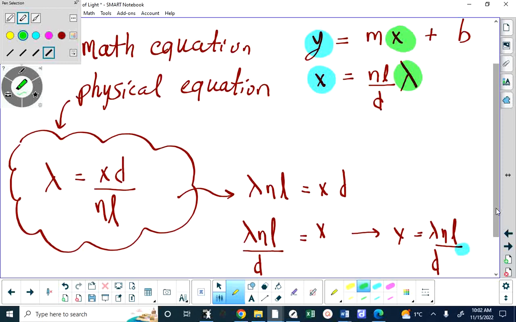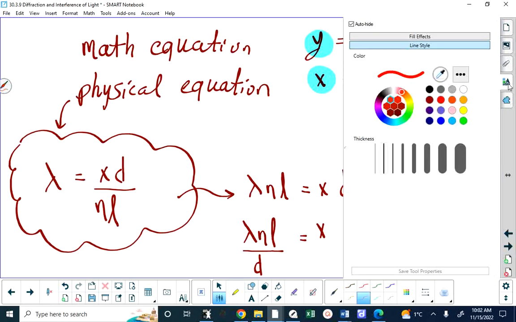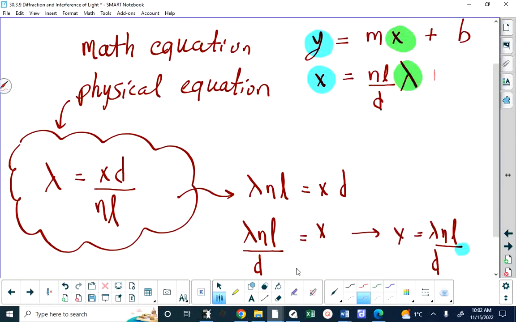Now, by the way, according to the physics equation, this should be plus 0, shouldn't it? Because there's no other thing in the equation. So if there is some y-intercept, we don't need to worry about it. It's just there because of experimental error or something.